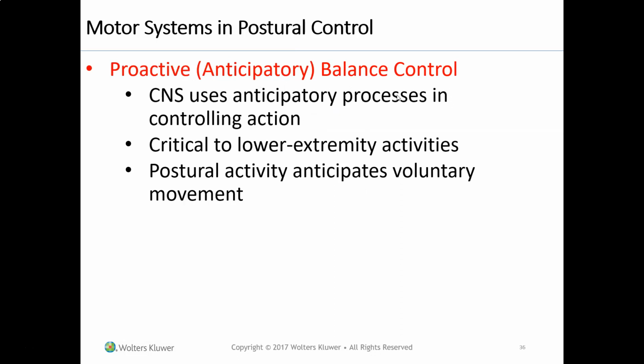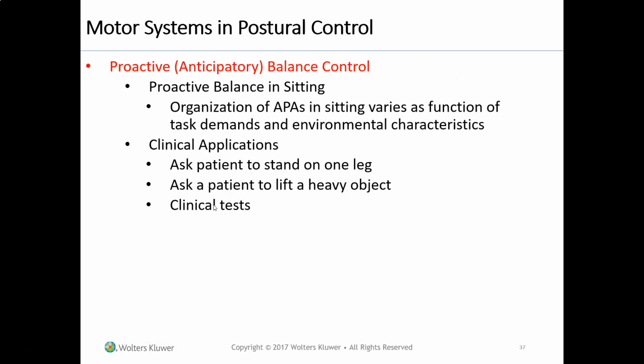We're going to anticipate something. So the CNS uses anticipatory processes in controlling the action, critical to lower extremity activities, and postural activity anticipates voluntary movement. Now, proactive balance in sitting, organization of APAs in sitting varies as a function of task demands and environmental characteristics.